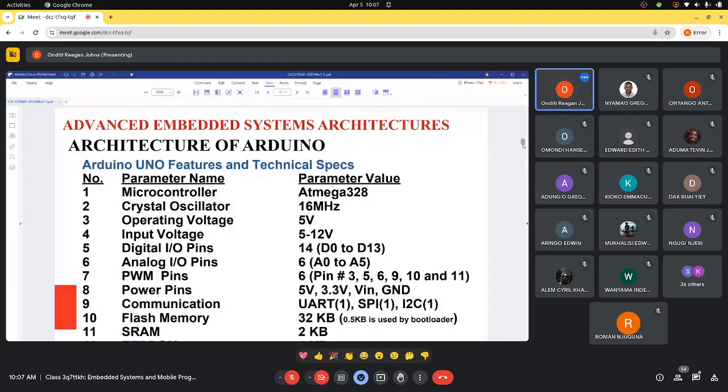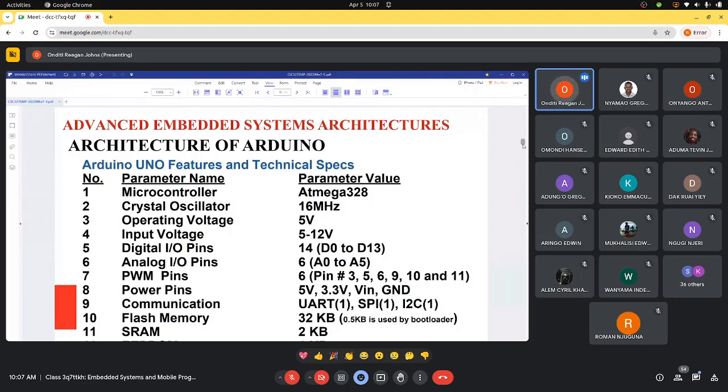It can flex up to 12 volts. That will be the importance of the VIN pin, very important, because the VIN pin will be able to give us more power that we can utilize to power additional components on our board.